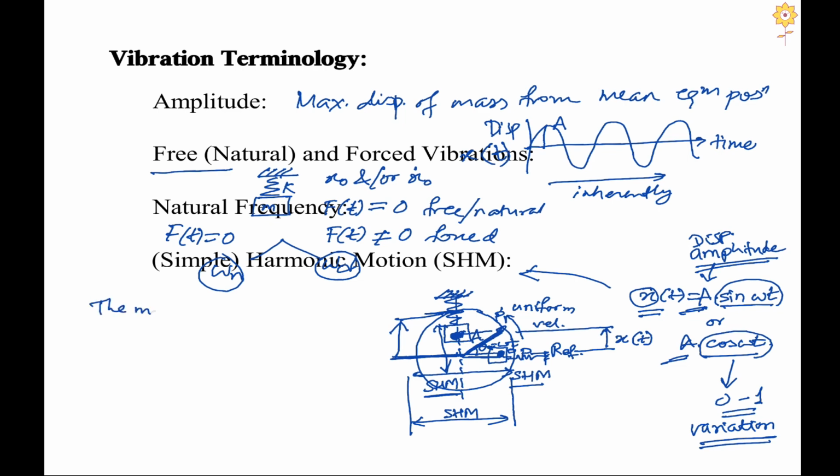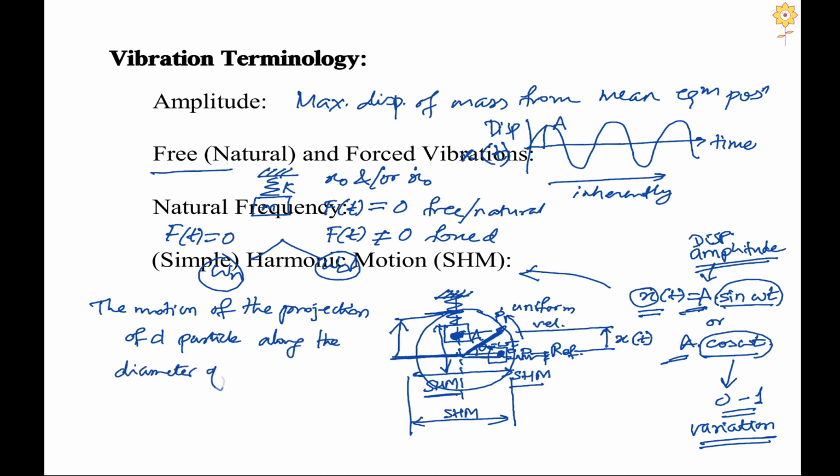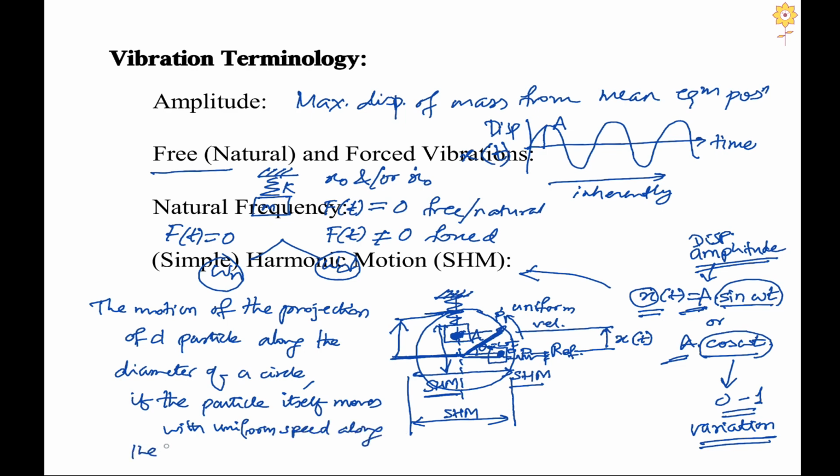The motion of the projection of a particle along the diameter of a circle, if the particle itself moves with uniform speed along the circle, and that motion of projection defines the simple harmonic motion. This is one of the definitions of simple harmonic motion.